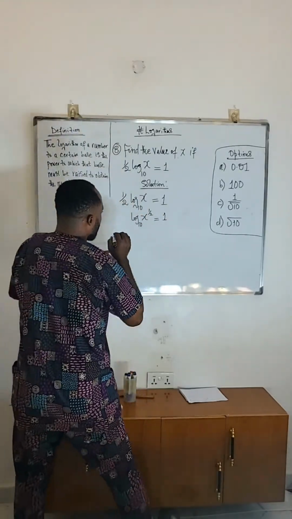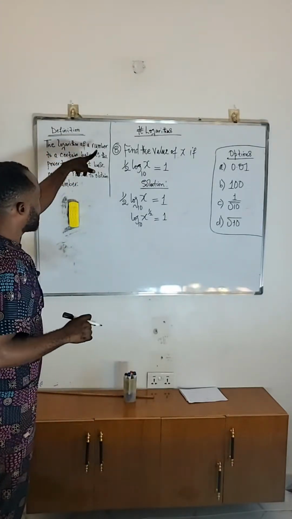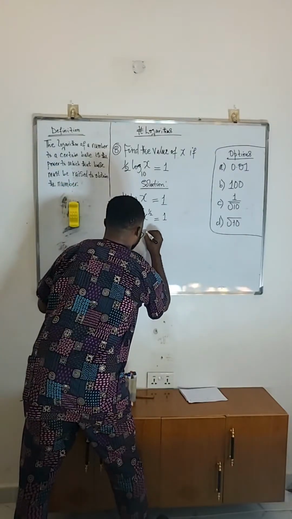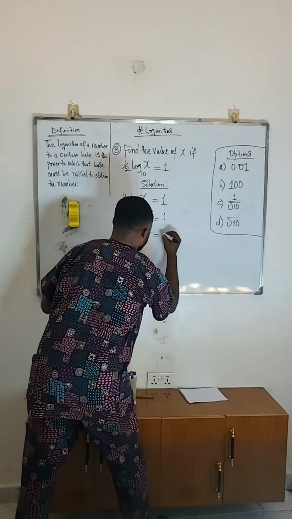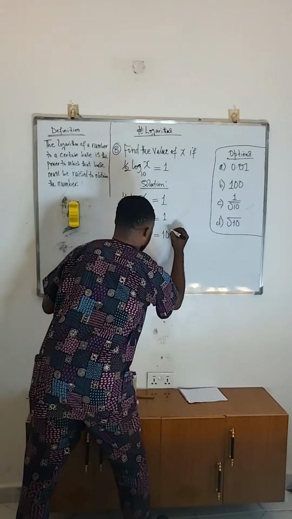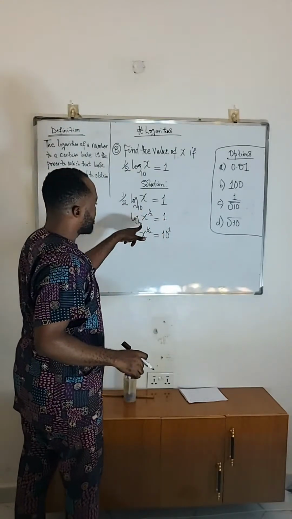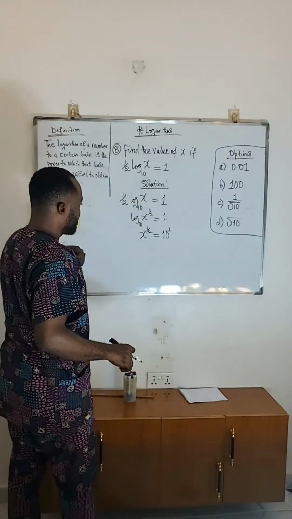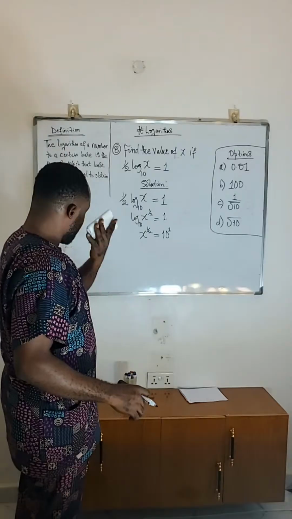Now, if you look at the definition of logarithm, you will see that x raised to the power of 1/2 is the same thing as 10 raised to the power of 1. This base will be raised to this power in order to obtain the number.